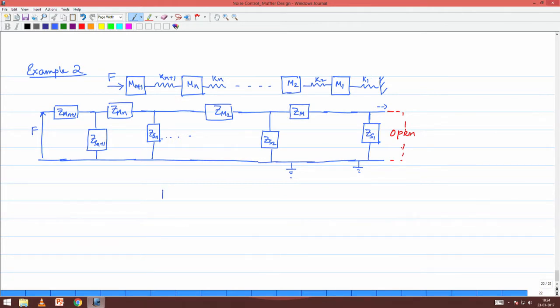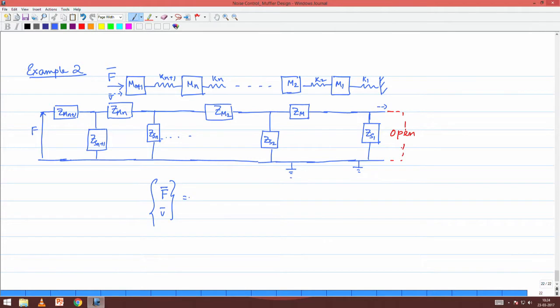Finally, if we need to understand what happens, I will call this F bar, and I am interested in what happens to this V bar, because I have lost count of the number of stations. So, we will call this F bar and V bar.